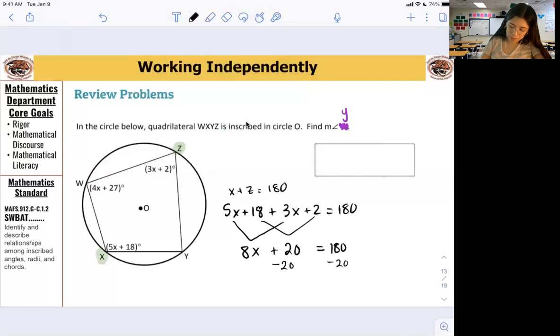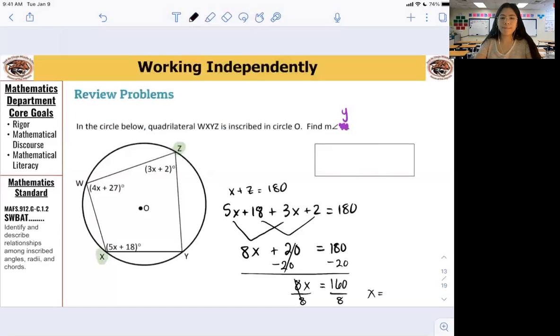What's 180 minus 20? 160. And what's 160 divided by 8? 20.